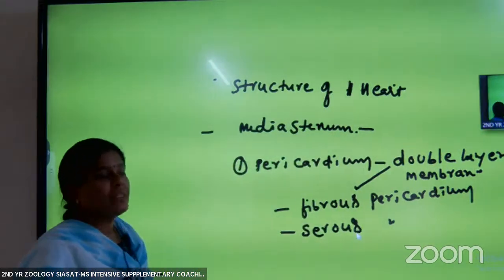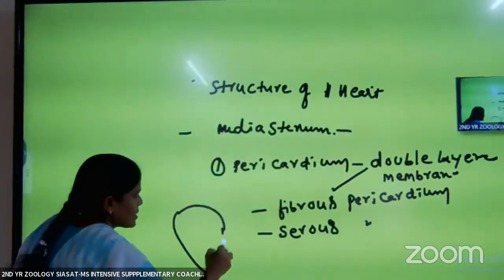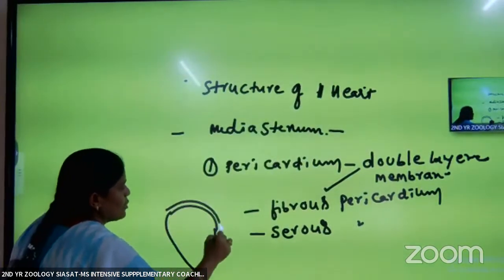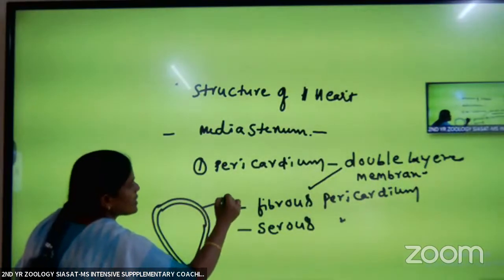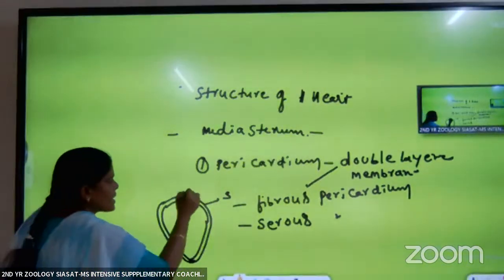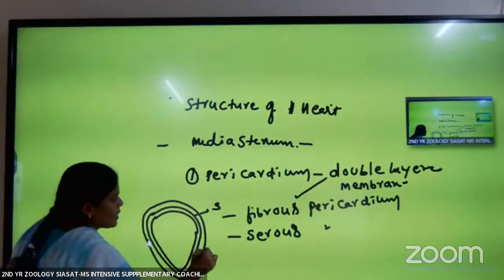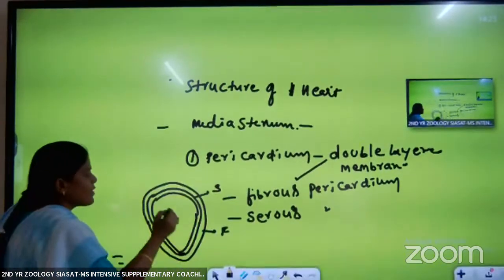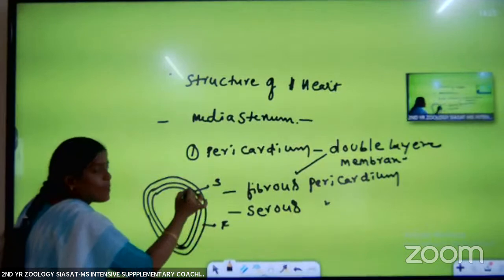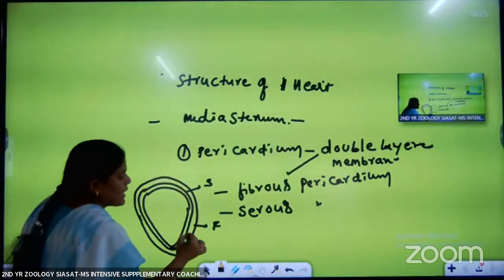Here, for example, this one is the heart. The protective layer surrounding the heart we call the pericardium. The inner is called the serous pericardium. The outer is called the fibrous pericardium. F means fibrous, S is serous pericardium. Between the fibrous pericardium and serous pericardium, a cavity is present.